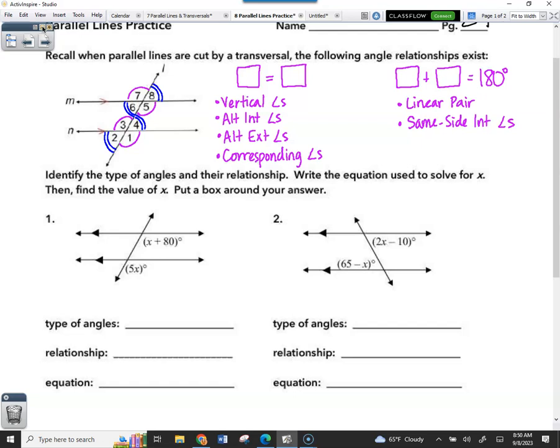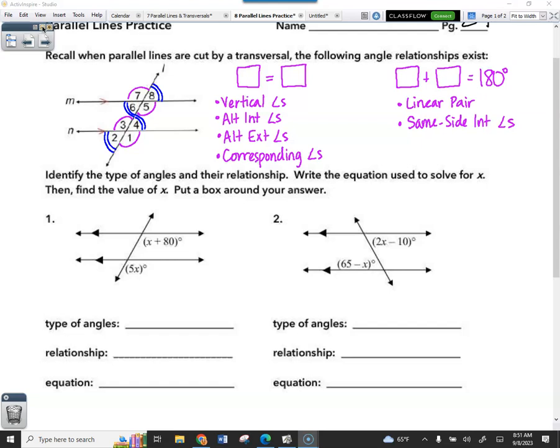Okay, so look at this picture. The two angles that have information in them, what type of angles are they? What kind of angles do we have here? Look at your half sheet. Look at the position of the angles.